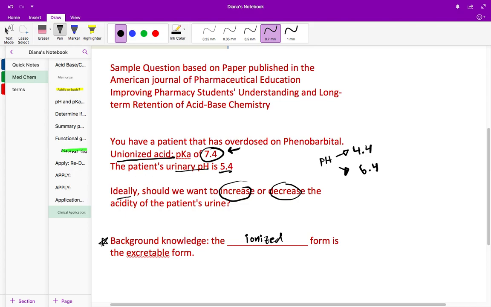So now we want to know, should we lower the pH to 4.4 or should we increase the pH to 6.4 of the urine in order to produce more of the ionized form of phenobarbital and thus the readily excretable form of phenobarbital?